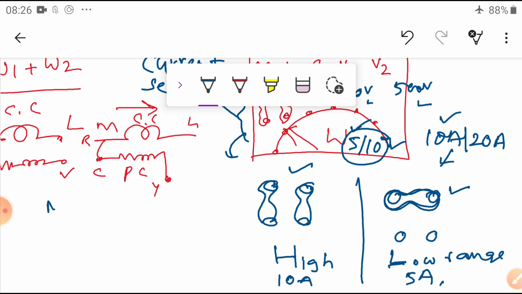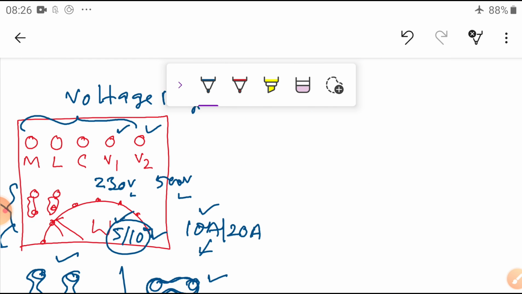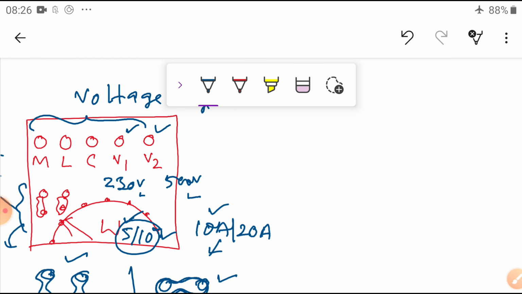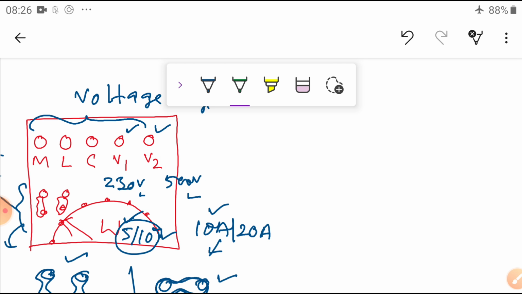What is the multiplication factor? MF is what you are going to calculate. You can see here, for example, I connected here, the green color. Now what happens? I connect the supply to M, and this is connected to the L motor.